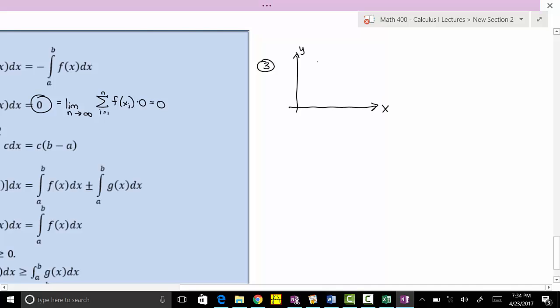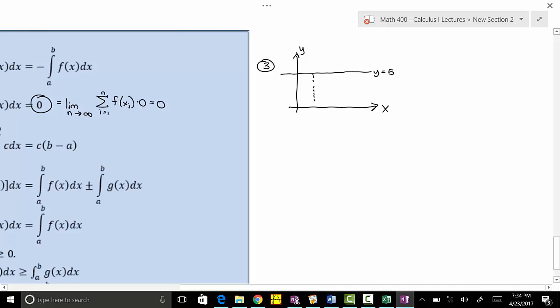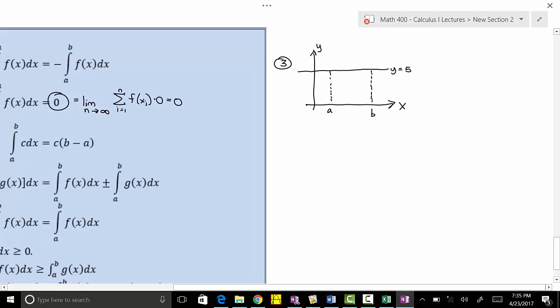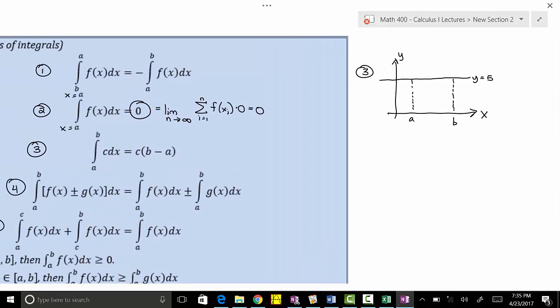Let's pretend that we have a line y equals 5, and you want to find the area underneath it from a to b, because that's exactly what number 3 is saying. I'm finding the area underneath this curve c, which is a constant, from a to b.